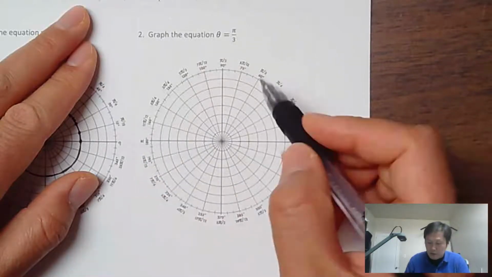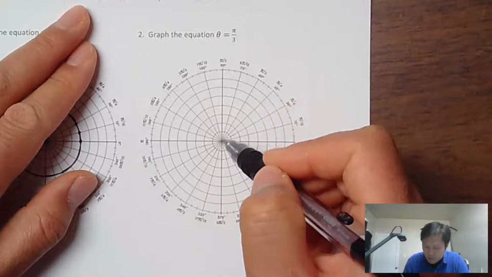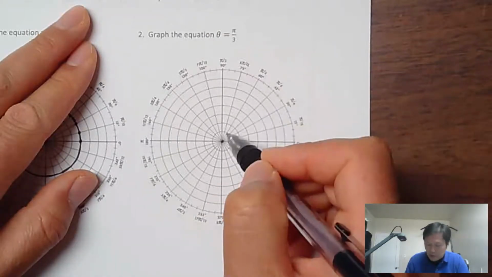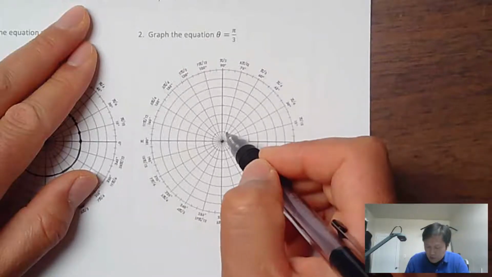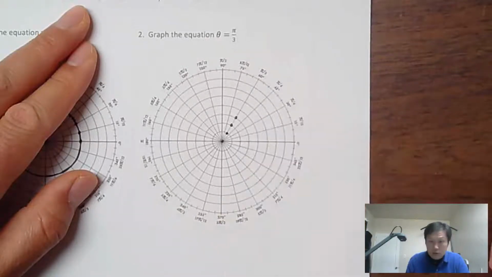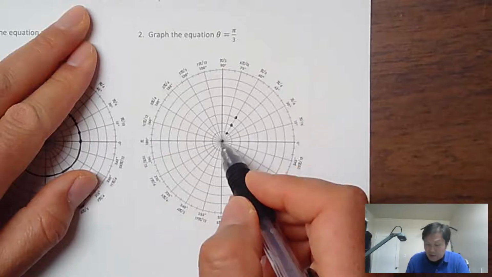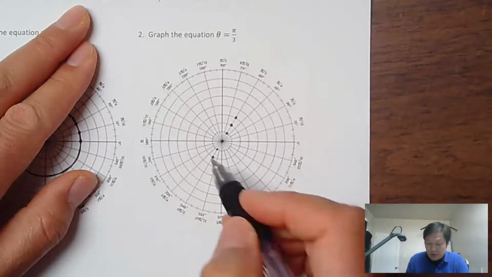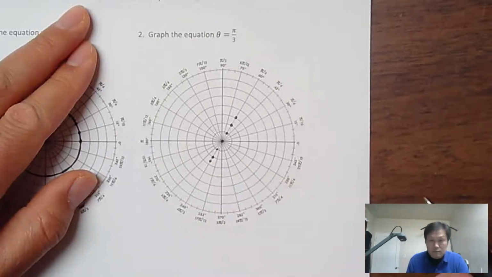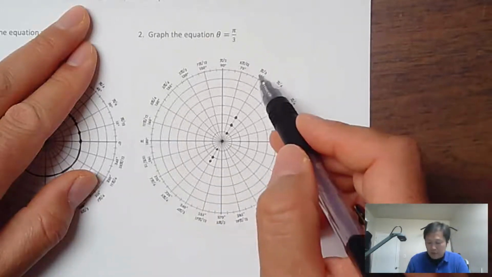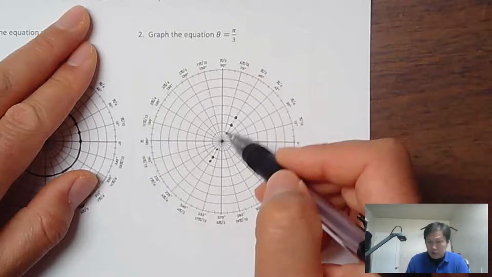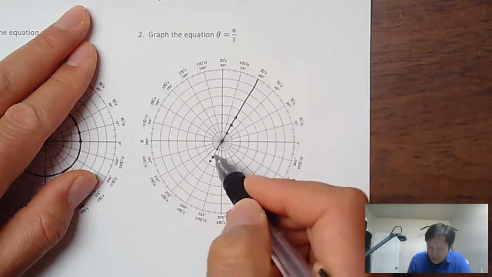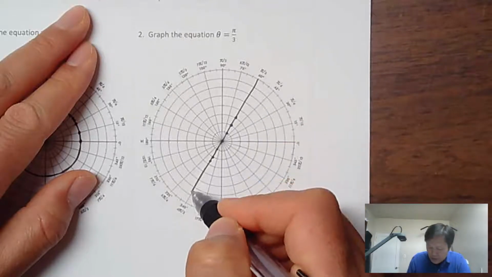So you might say, well, can I take a radius as 0? Yes. Can I take a radius as 1, 2, 3? Can I take the radius as minus 1, minus 2, minus 2.5? So if you think about it, as long as it's pointing this direction, radius can be any value you like, including minus.